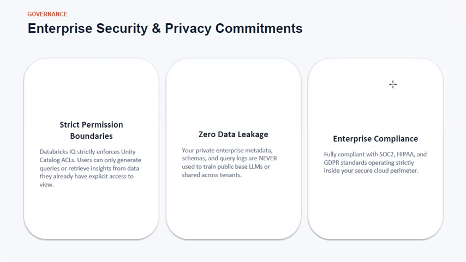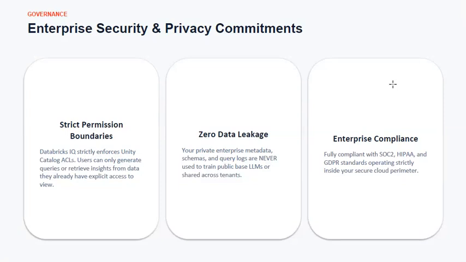What is the governance? Enterprise security and privacy commitment. Governance means strict permission boundaries. Databricks IQ strictly enforces Unity Catalog access control lists, and users can only generate queries or retrieve insights from data they already have explicit access to view.